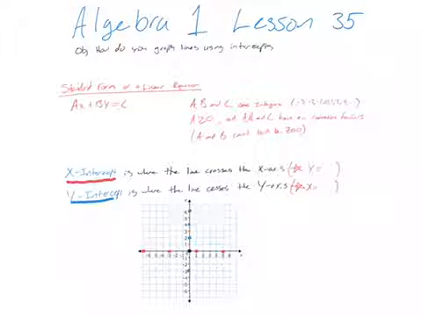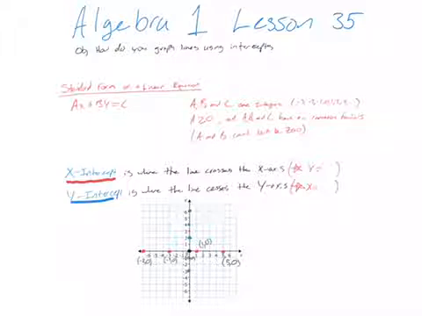This point here, the x is 5 and y is 0. This point, the x is 1, y is 0. This one, the x is -3 and y is 0. This one, x is -7 and y is 0. And this point here is 0, 0.